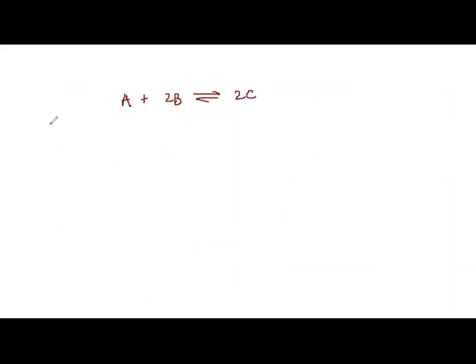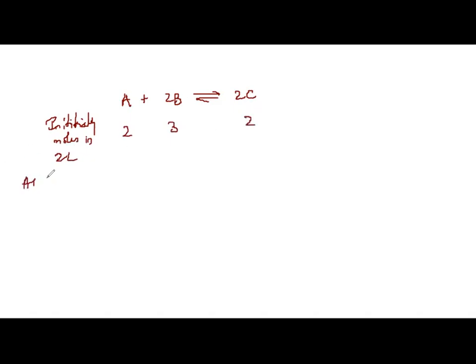Okay, so initially, there are initial moles in 2 liters. A is 2, B is 3 and C is 2. They have given it.